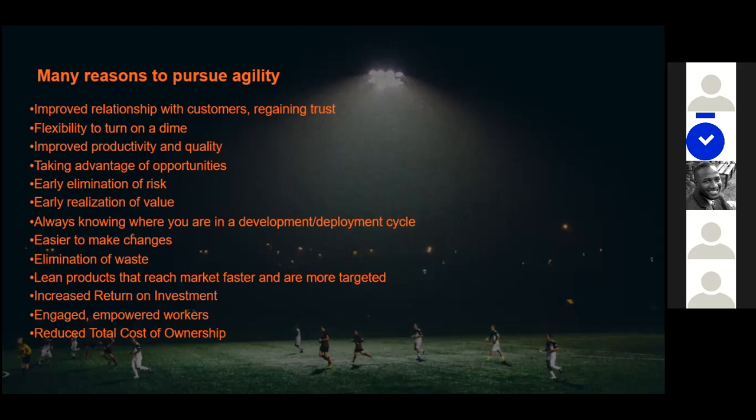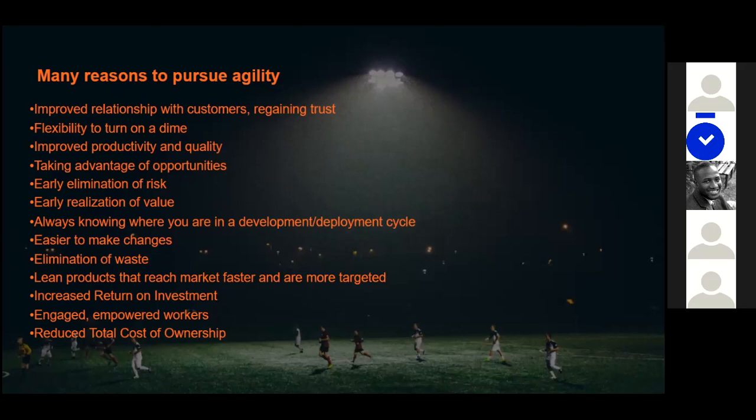Gone are the days that you want to build a product without customers' input. Customers want to be involved in the process of building products. So there is need for improved relationship with customers, regaining trust, flexibility, improved productivity and quality, taking advantage of opportunities.